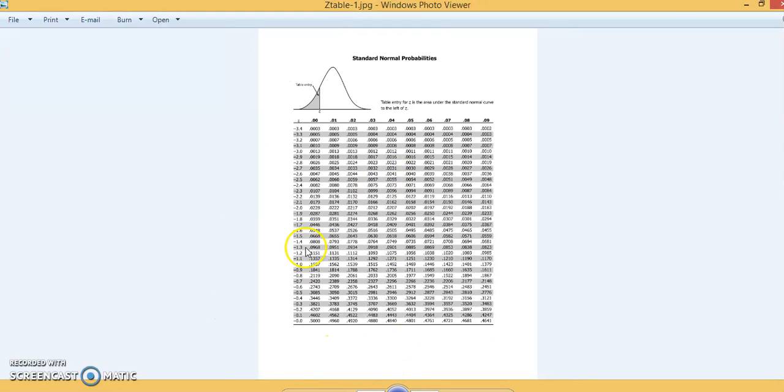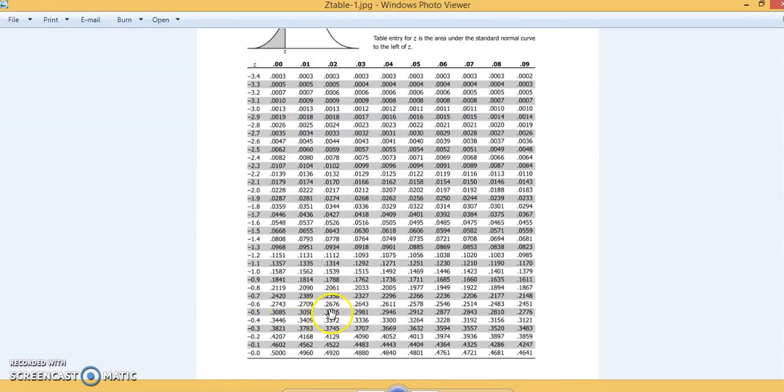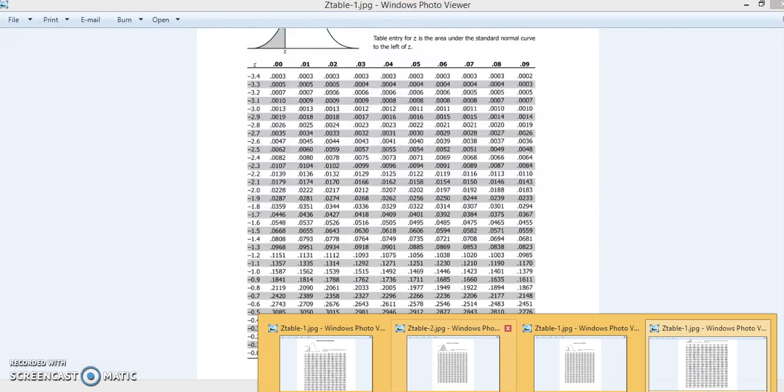We are referring to the negative one, and we want to find z negative 0.85. If I zoom in, you can see that negative 0.8 is here, and then we move row wise and look at the value under 0.05. This is the value that we are looking for, 0.1977.